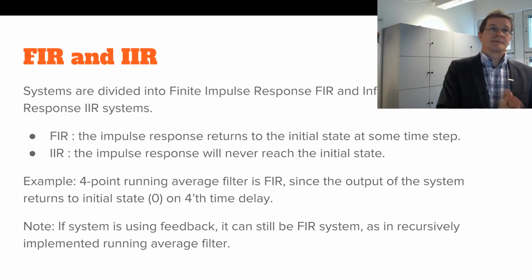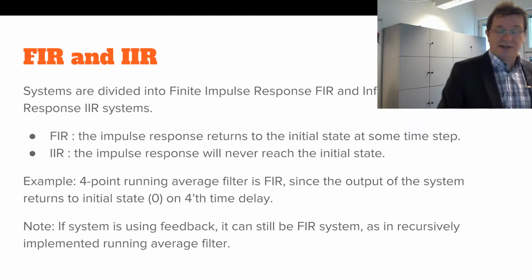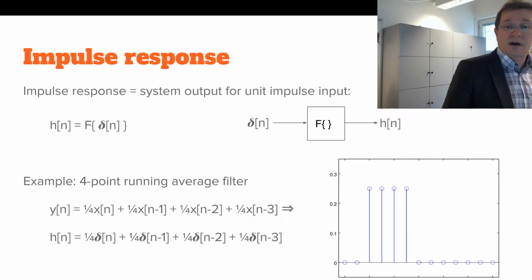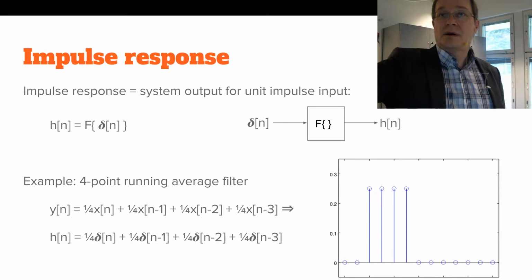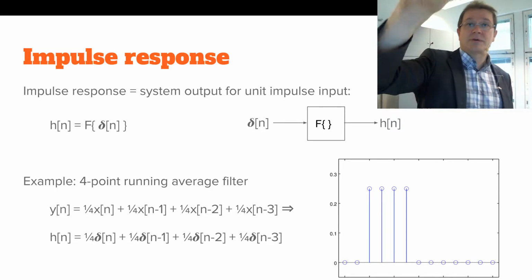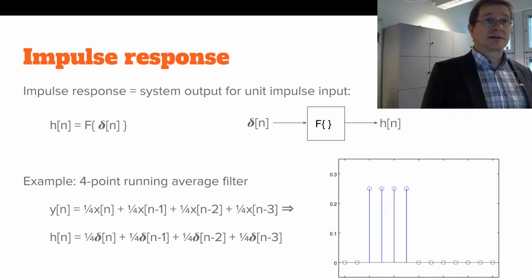So there's an example of the 4-point running average filter. It is FIR because, well, you can see it from the impulse response. After the fourth time step, the output signal dies totally.